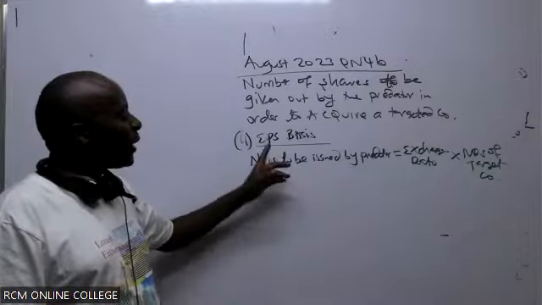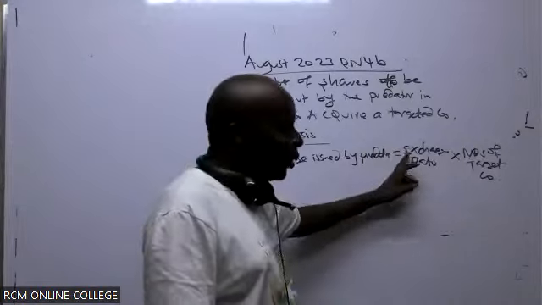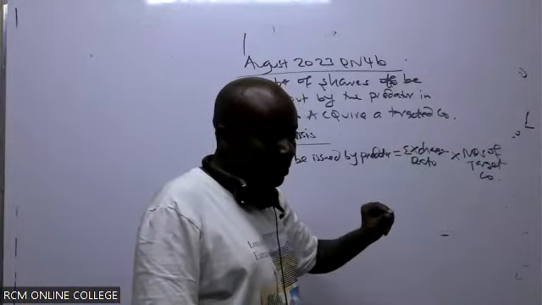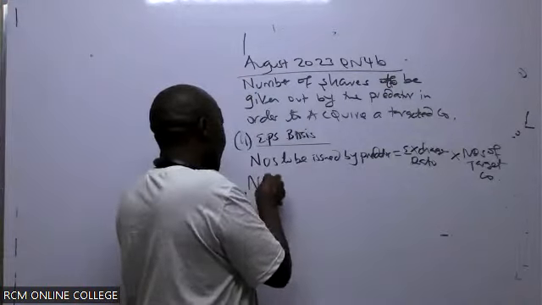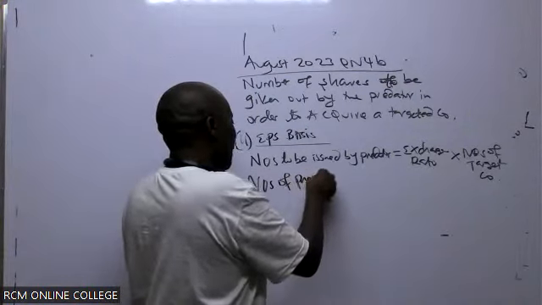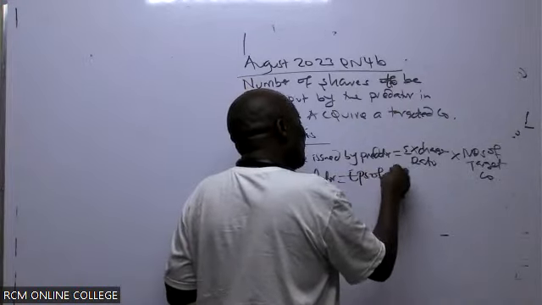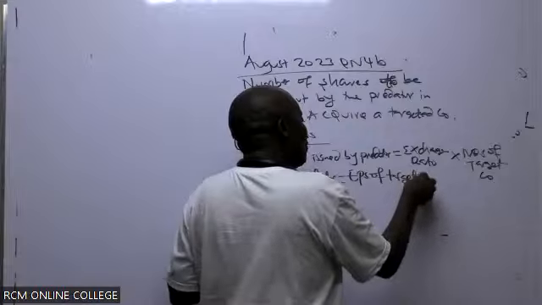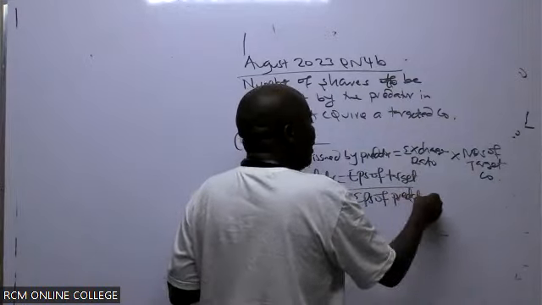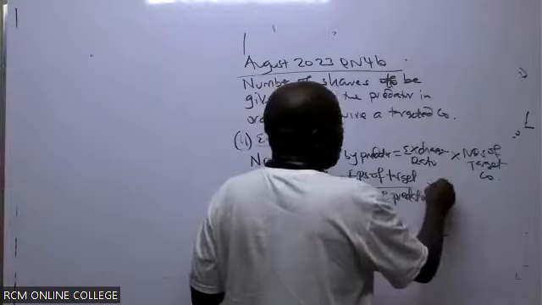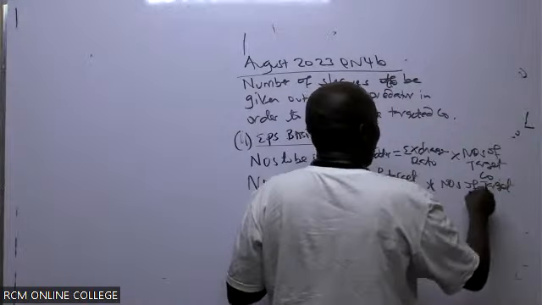And in Roman 2, they want us to use EPS to calculate our exchange ratio. Very easy. So in short, the NOS of the predator will be equal to the EPS of the target over the EPS of the predator, times the NOS of the targeted company.